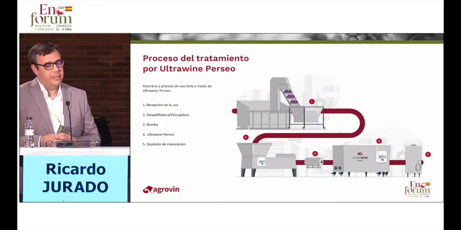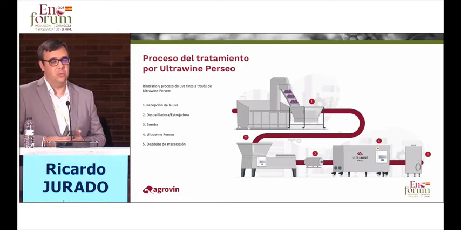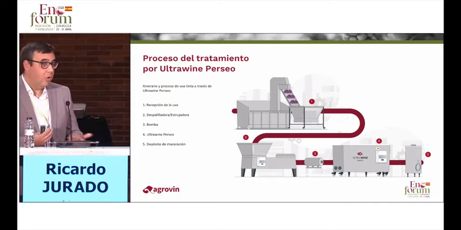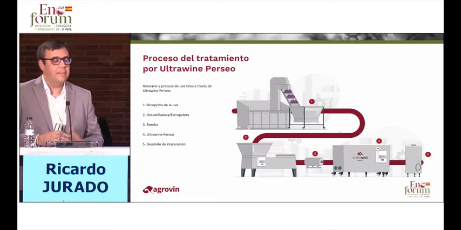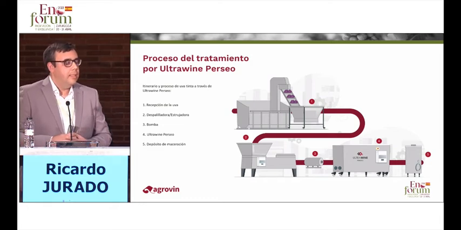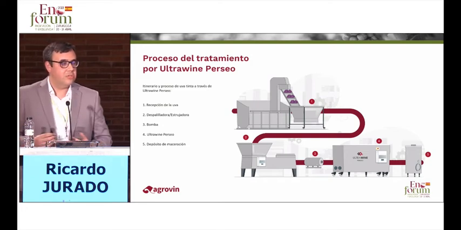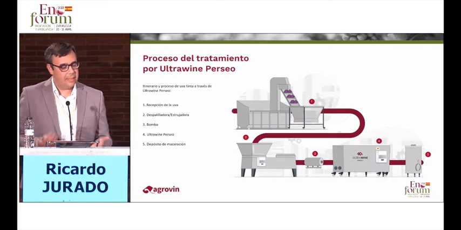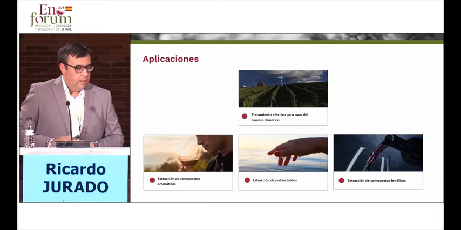Depending on the degree of maturity and the variety, in 72 hours we can stop the maceration phase. Surprisingly enough, when the winemaker works with the system, he or she prefers to lengthen this maceration once this grape mass has been treated. Normally, they prefer to leave maceration up to the end of the fermentation so as to extract much more and in a much better way.